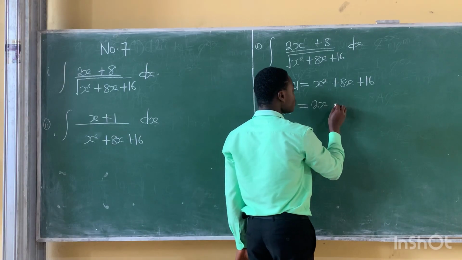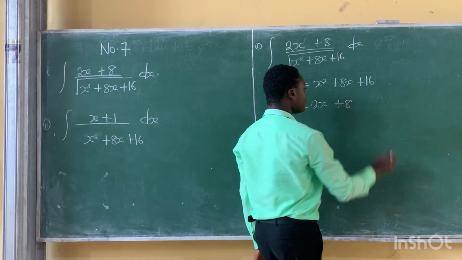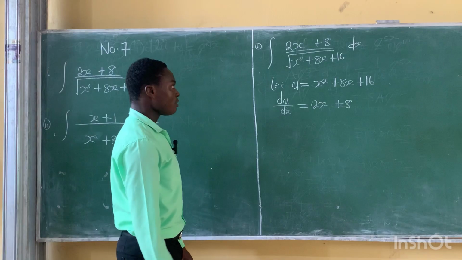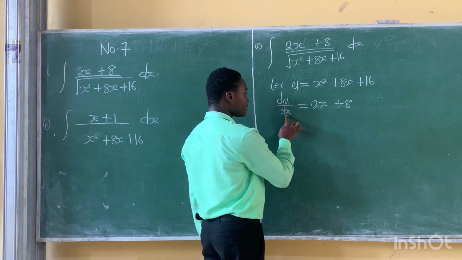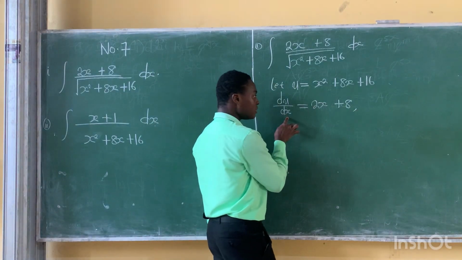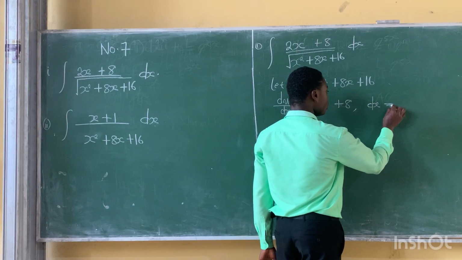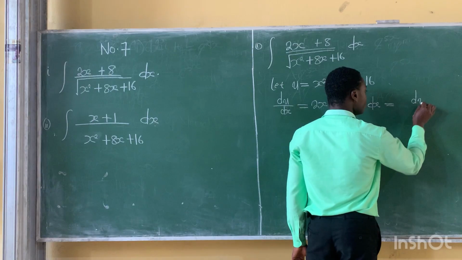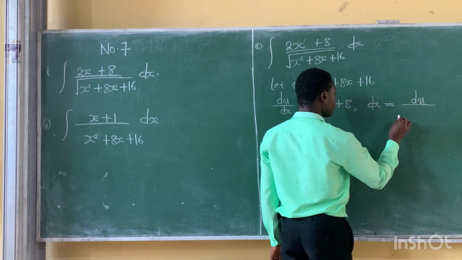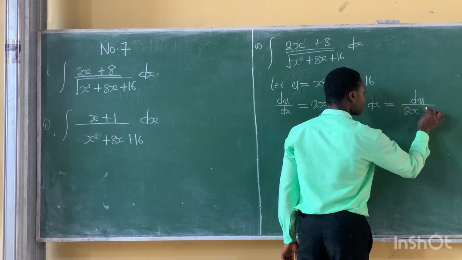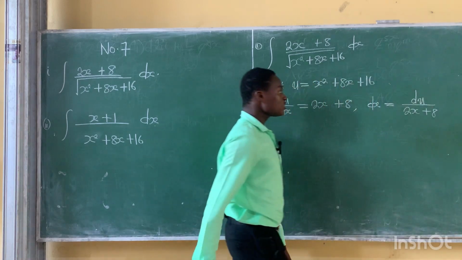If you differentiate this, you have plus 8. If you differentiate 16, it gives you 0. So what is our dx? Let's make dx the subject of the formula. You have dx equal to du over 2x plus 8. So this becomes our dx.